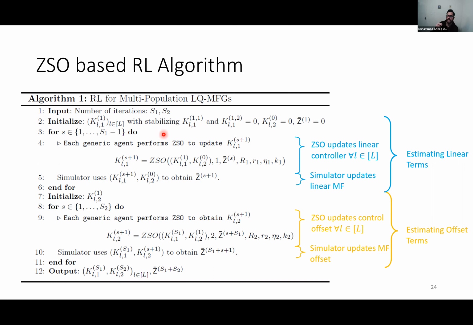For each agent, you can find a stabilizing control. You basically just pick a control and apply it to the state of the agent, and if the state blows up, then you don't pick that. This is standard in the literature, where they assume access to a stabilizing controller. But in essence, it's also a kind of hard problem. One way to look at it is you just pick a controller at random.